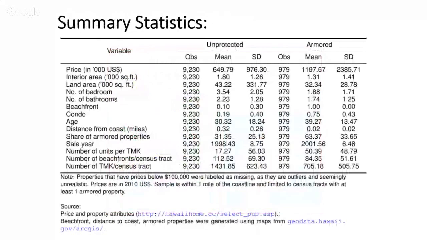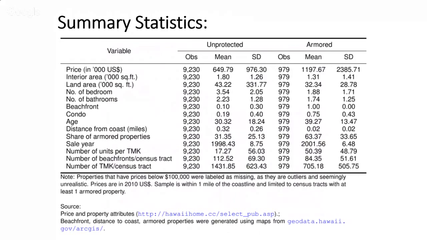So what you need to do is to take into account other attributes, right? And so you disentangle the effect of other attributes so that you make sure that what is left is actually attributable to the good being talked about, which in this case is the seawall.